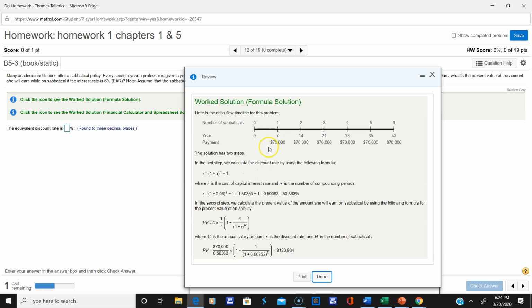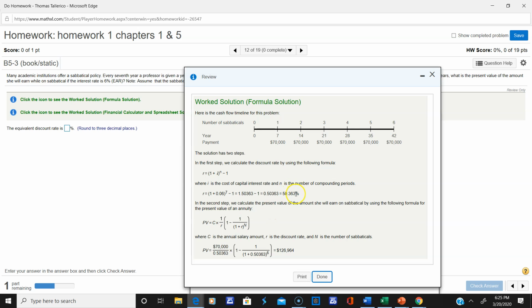So if it's 6% per year and we go out 7 years, there's 7 years in each payment. This is going to be 1 plus 0.06 to the 7th, minus 1. So we're going to get the interest rate for each 7-year period, which is the equivalent interest rate for each 7-year period. It's 50.363%. So that's 6% a year over 7 years, and it's like you're getting this interest.